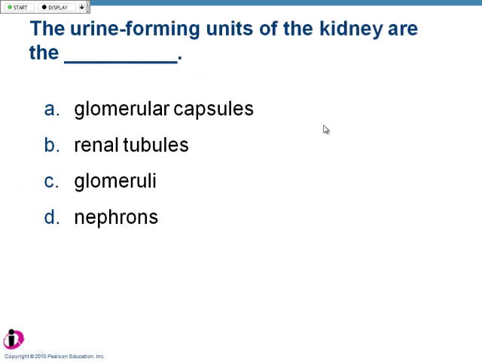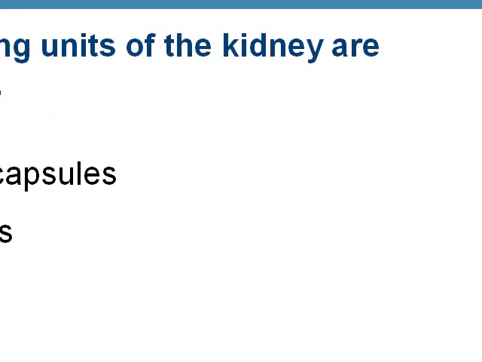Next question. The urine-forming units of the kidney are A, glomerular capsules. B, renal tubules. C, glomeruli, or D, the nephrons?